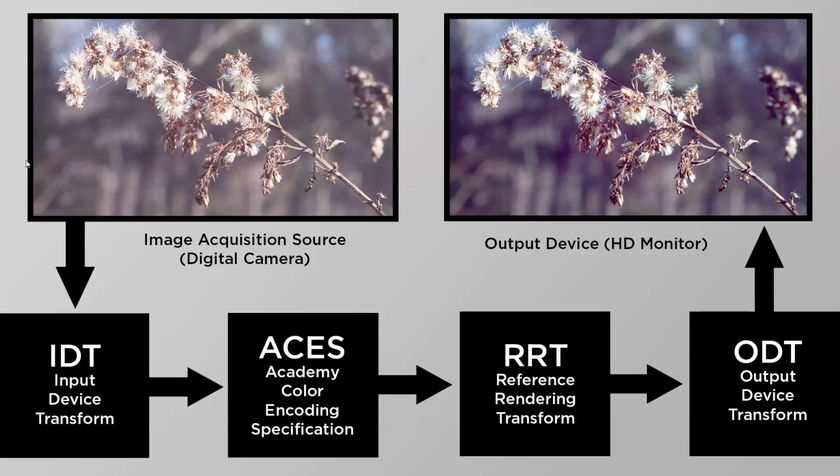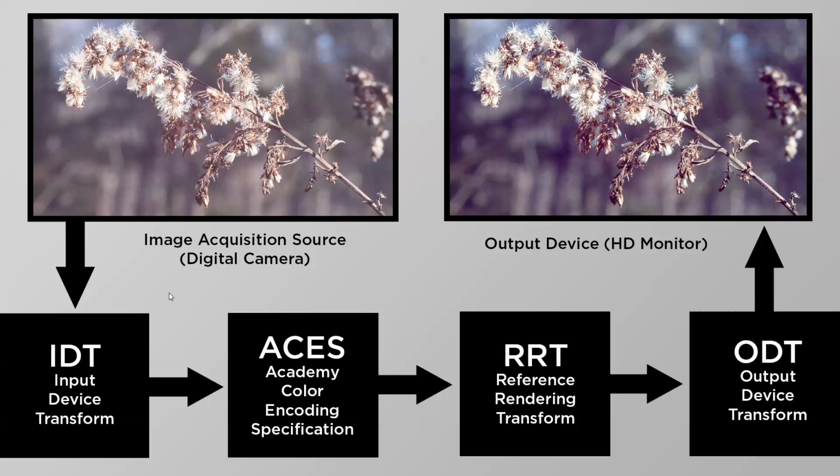So up here, we start with an image acquisition source, and this is a digital camera in our case. Since we're talking about cinemaDNG, we're probably talking about capturing with either the Blackmagic Cinema Camera or the Ikonoskop A-Cam dII. Once you have your source footage captured, you need to convert it into the ACES color encoding specification. That's what this IDT, input device transform, is doing.